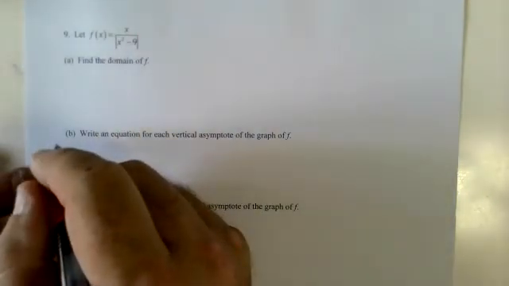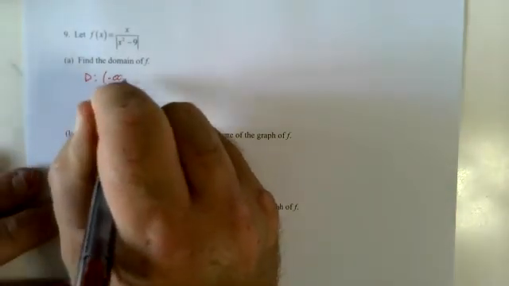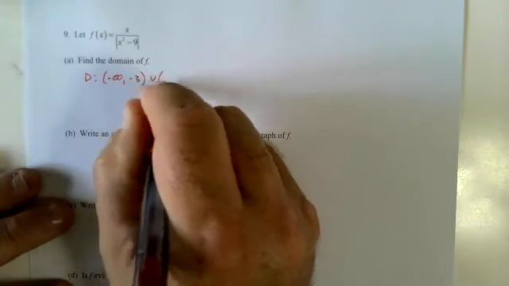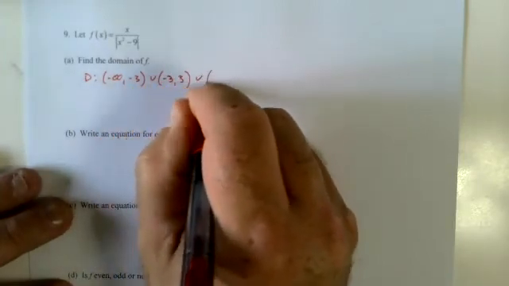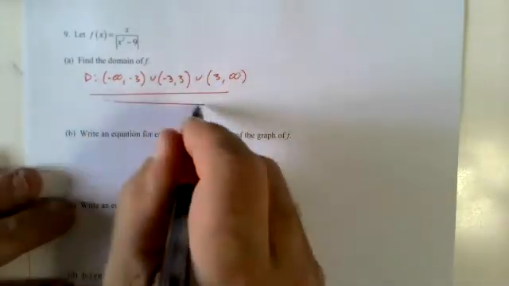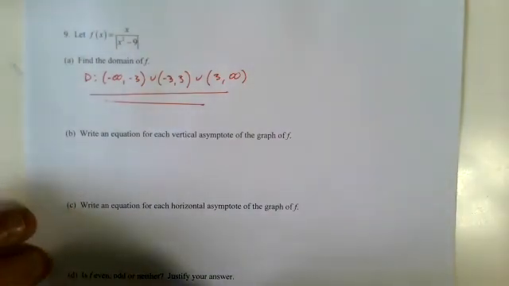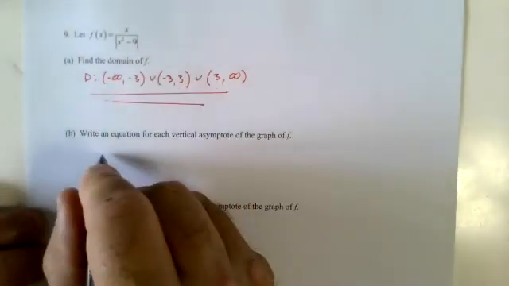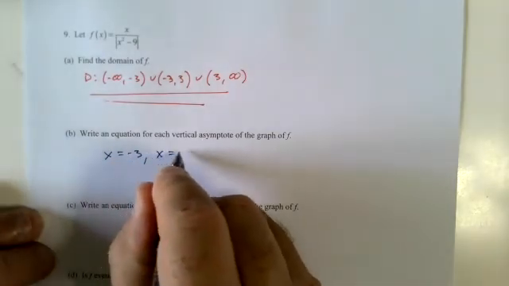So negative infinity to negative 3, union negative 3 to 3, union 3 to infinity. Write an equation for each vertical asymptote of the graph of f. We can't plug in 3 or negative 3, so it's x equals negative 3 and x equals 3.